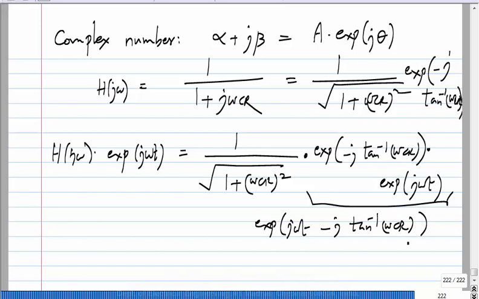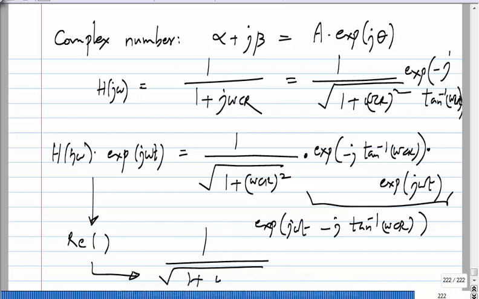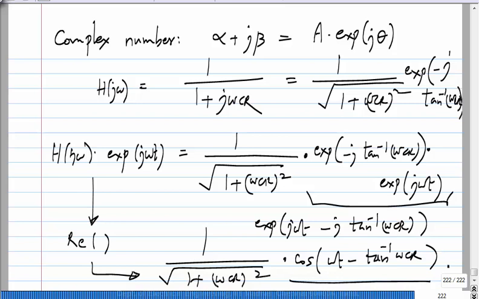And what's the real part of this? Whatever is the argument of the complex exponential, that goes into the cosine, that's all. So the real part of this can be straightforwardly written down.